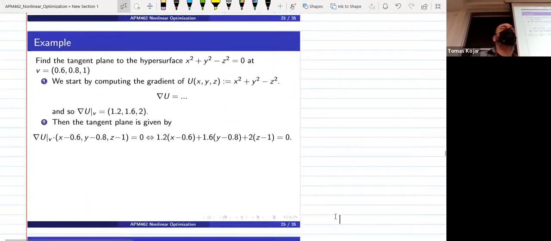All right, so how do you find the tangent plane? The tangent plane, by definition, is given by all the vectors w minus whatever the tangent reference point is. So you have to give me a location on the surface.